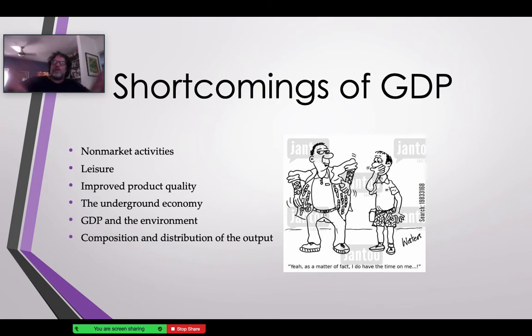We don't distribute our gains equally. Some people gain a lot and others don't participate in those gains, okay? And then non-economic sources of well-being, spending time with your family, right? A mom that's able to stay home with her children. She's not contributing to GDP, but this is a great thing that we should encourage.